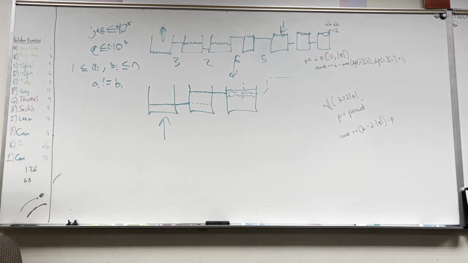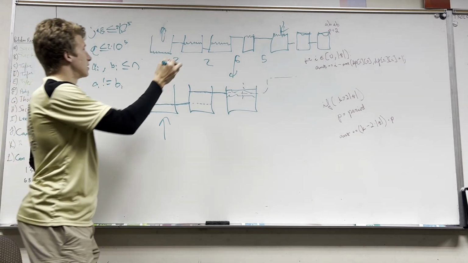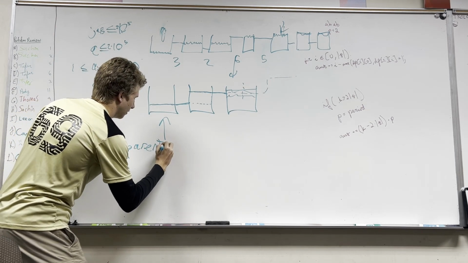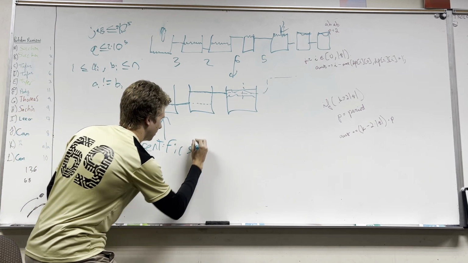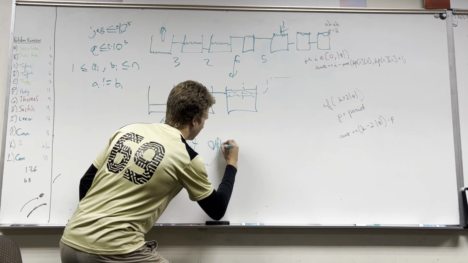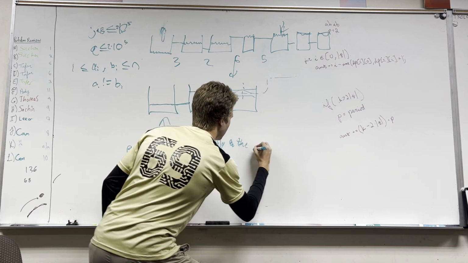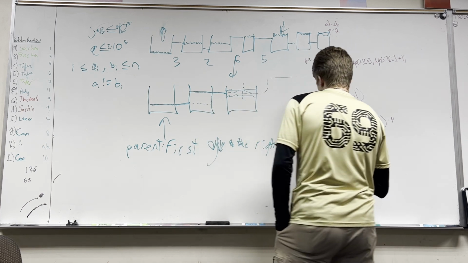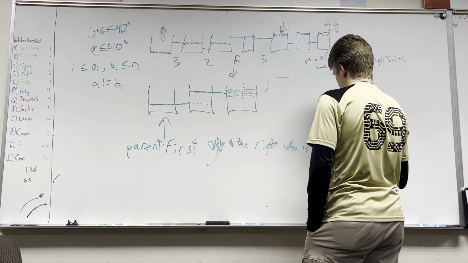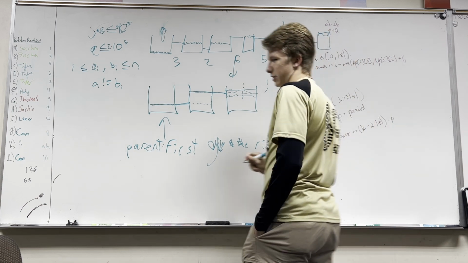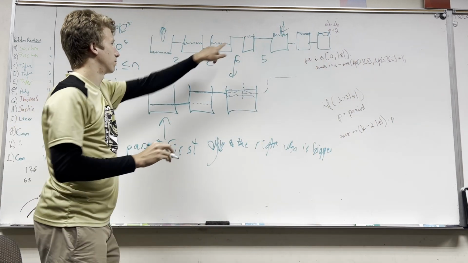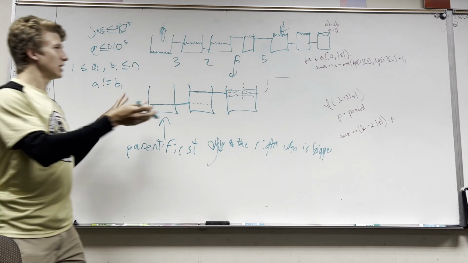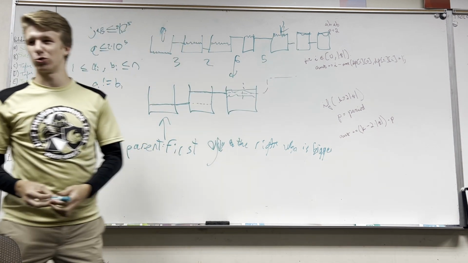And so we'll use this idea of our parent being the first guy to the right who is bigger. So it's basically the first guy to the right who has a bigger height. And now we're working with a tree, and we want to get the sum on a tree.